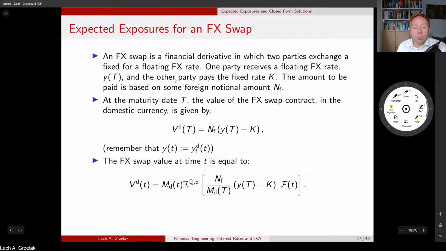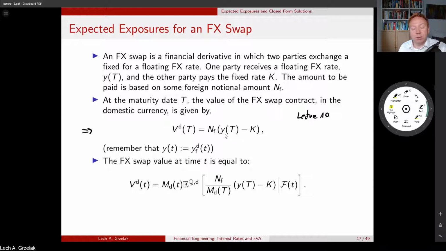In the next example, I would like to discuss the FX swap. So this is material we have covered in lecture number 10. We discussed FX products, and of course the FX swap is one of the famous examples, and also rather simple because we are just exchanging flows.